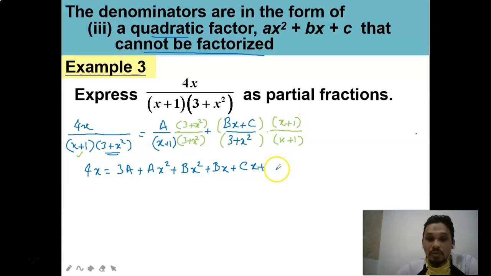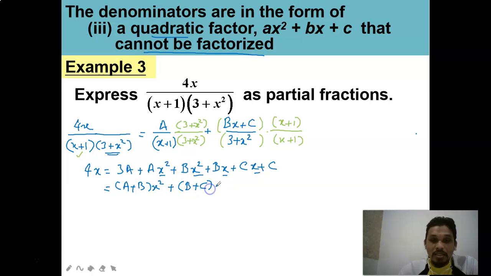And C times 1 equals C. Now we arrange the coefficient of x squared together: A plus B of x squared, and then the coefficient of x, which is B plus C multiplied with an x, and also the constant, 3A plus C.